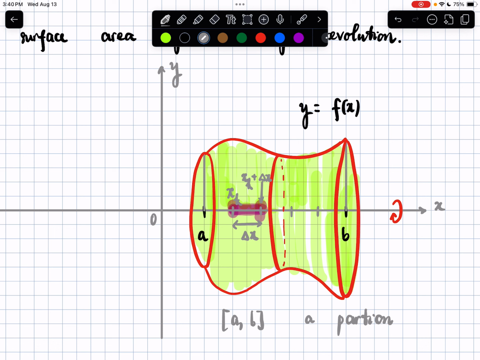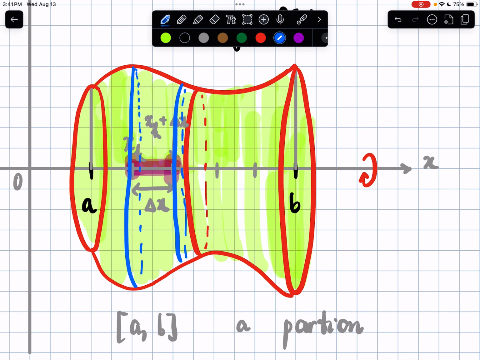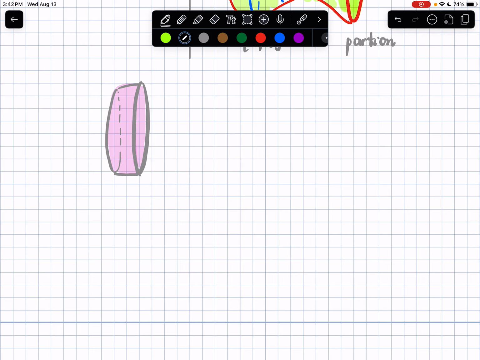Now, one piece would look like this. So here would be one thin strip.